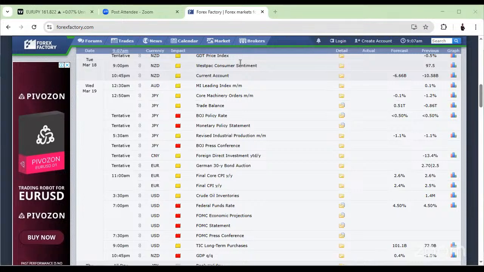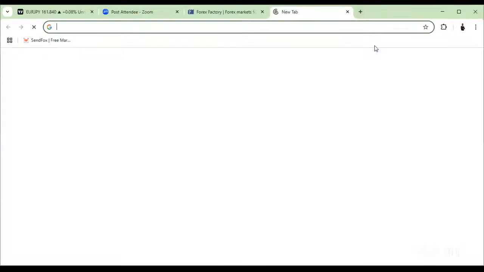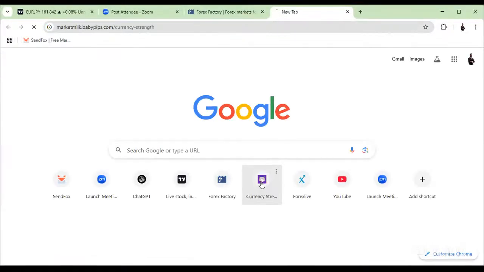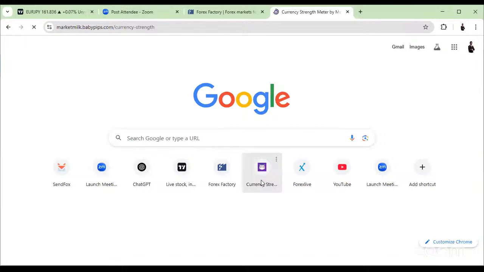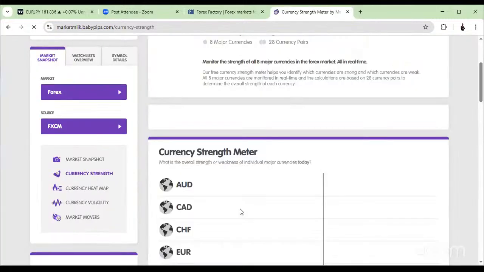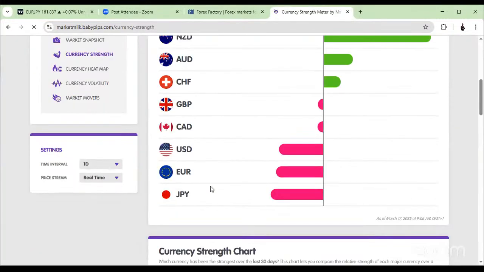All right. For the currency strength, we should look at what exactly is going on with the euro, and which of the currencies is a bit stronger today. Now it's looking more like as of today, the euro is a bit weak, you can see, and even GBP/JPY is weak.